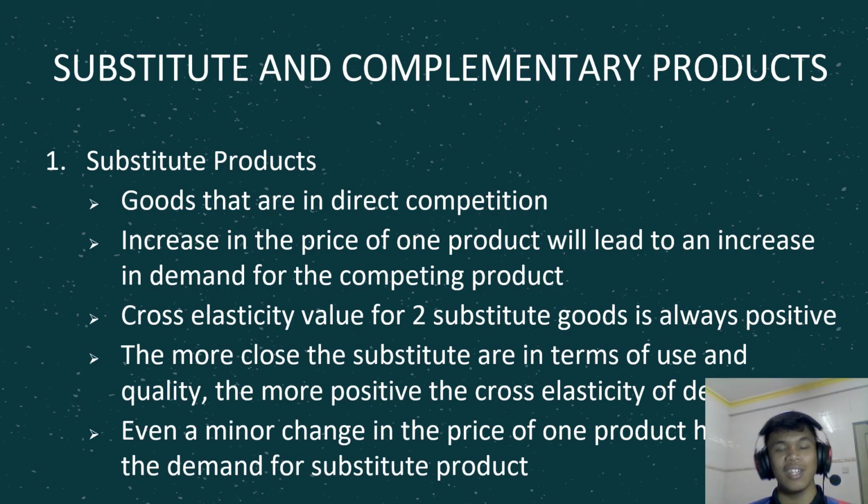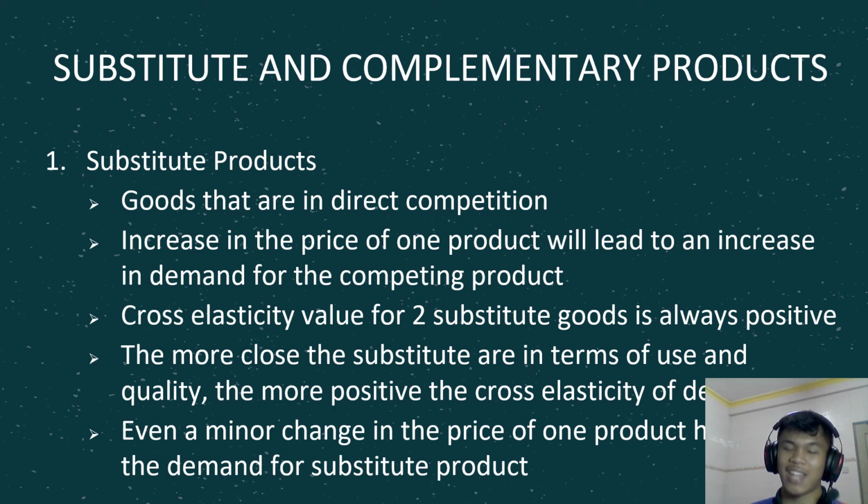In cross elasticity of demand, it is divided into two parts, which are substitute and complementary products. Substitute products are goods that are in direct competition. An increase in the price of one product will lead to an increase in demand for the competing product. The cross elasticity value for two substitute goods is always positive.